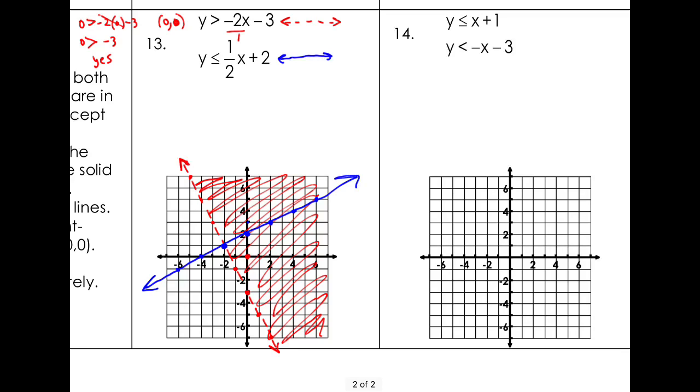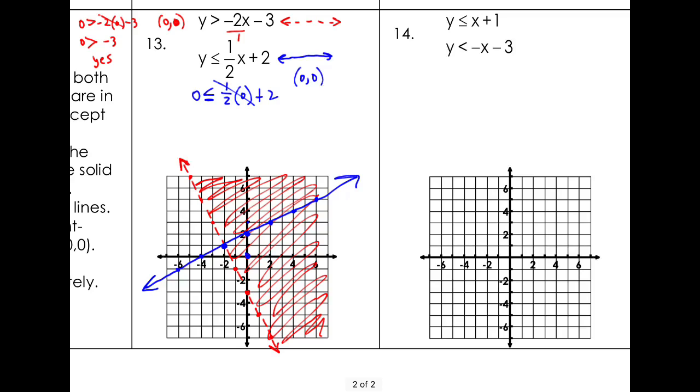Now we're going to use our same 0, 0 to plug in for this line. So that's the same origin right in here, so we'll put our blue dot there. Let's plug that in. Y is equal to 0, and 0 is less than or equal to 1/2 times 0 for x plus 2. That cancels out.